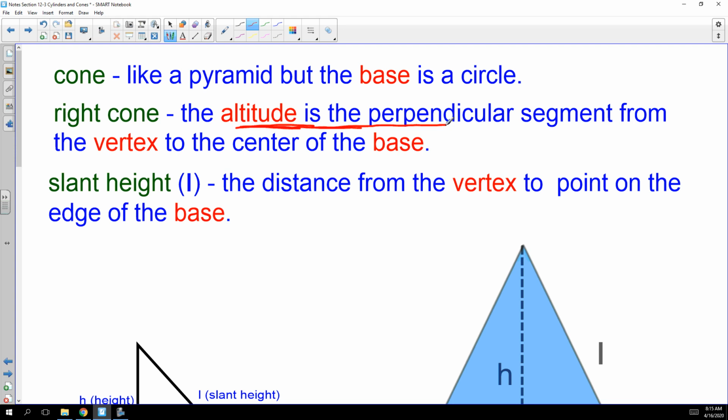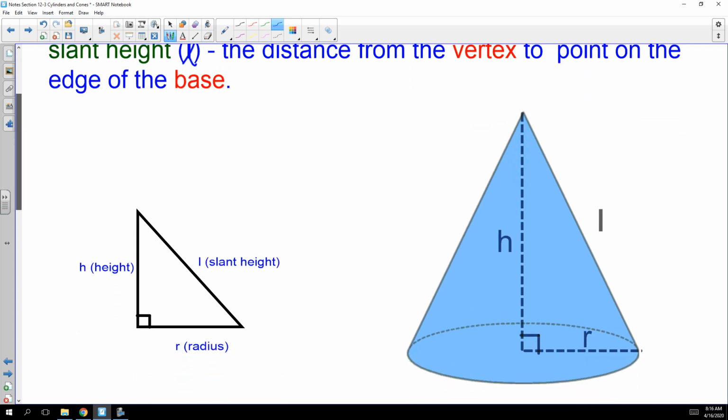And the slant height, that's a new one, and we've talked about that with respect to pyramids. The slant height is the distance from the vertex to a point on the edge of the circle. When you're finding the slant height, you are actually tracing a path along the lateral surface of your cone, okay?